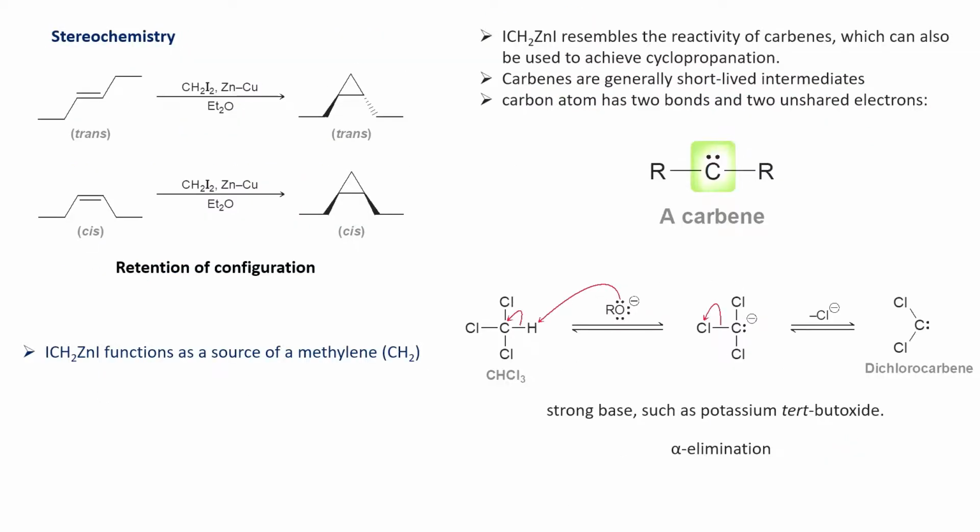And regarding stereochemistry, it will remain the same. There will not be any inversion of configuration, but there will be retention of configuration. So in reactant there is trans, in product there will be trans. In reactant there is cis, in product there will be cis. So you see your Simmons-Smith reagent functions as a methylene donor.